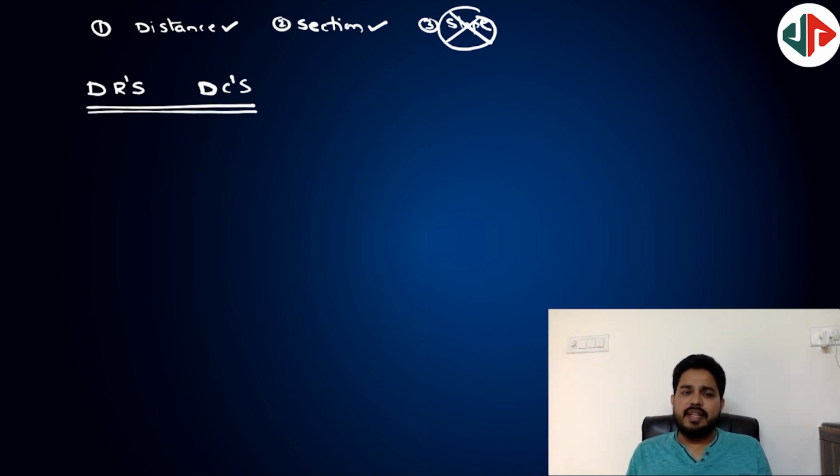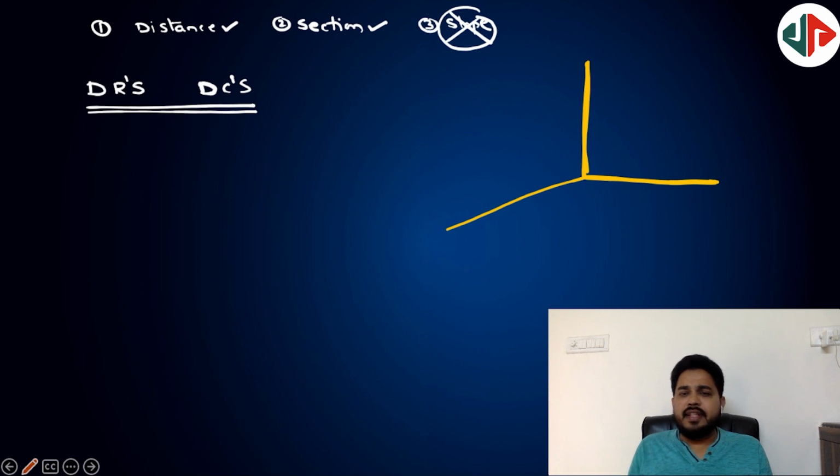How are we going to deal with this? See, you have the coordinate axes, x-axis, y-axis, z-axis. Now I need to find the dr of a line like this.